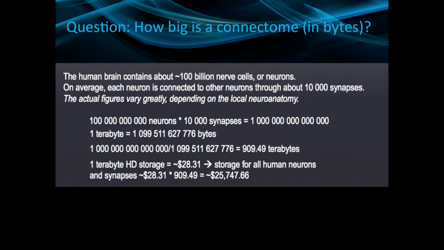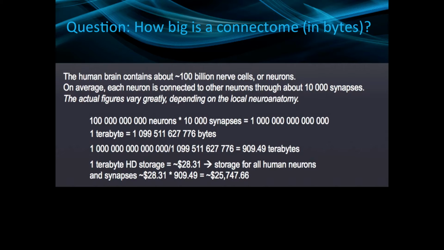In the previous slide I said it's fully expressible in 4.7 bits, so this is actually twice too big, perhaps. So if you have 100 billion neurons and on average 10,000 synapses connect them, you get something like 909 terabytes. This is a very schematic calculation, and most people will find fault with this calculation. That's okay.